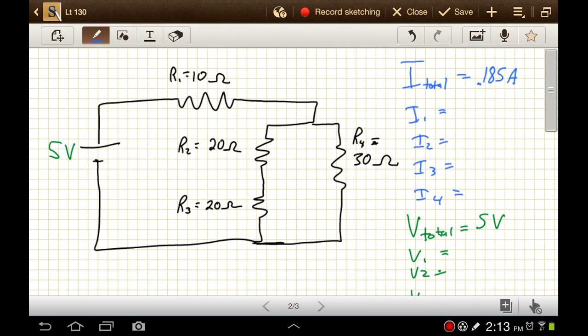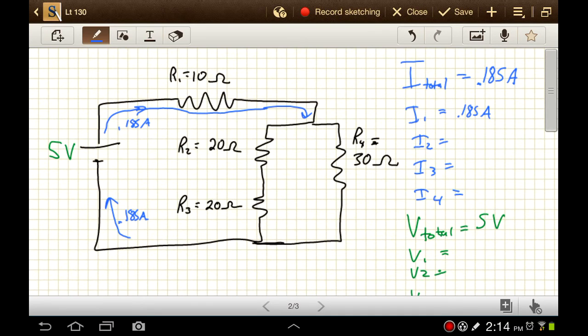Okay, so leaving the battery, we have 0.185 amps, and coming back into the battery, we have 0.185 amps, and then that 0.185 extends until we have a break where we have a split in our circuit, so right up until this point. So R1 is 0.185 amps. Alright, now for the first resistor, we know the current and we know the resistance, so we can figure out the voltage on that guy.